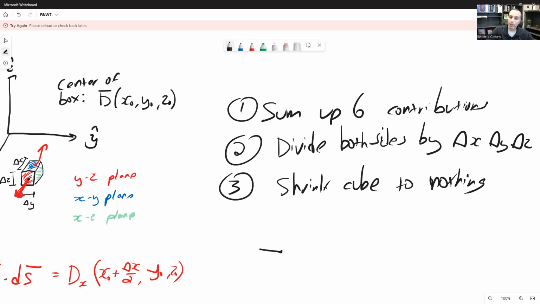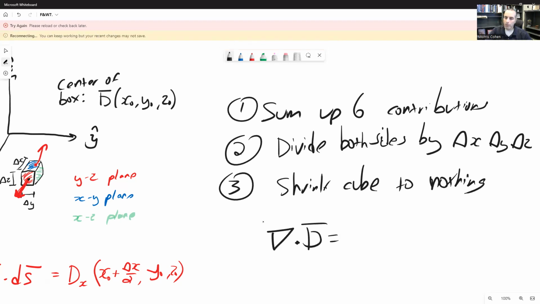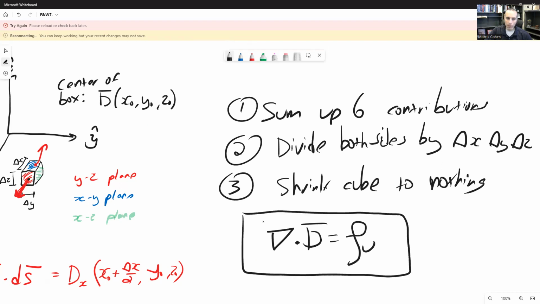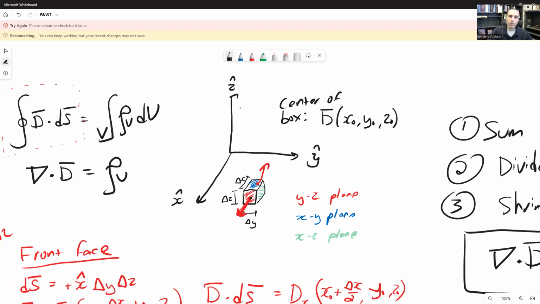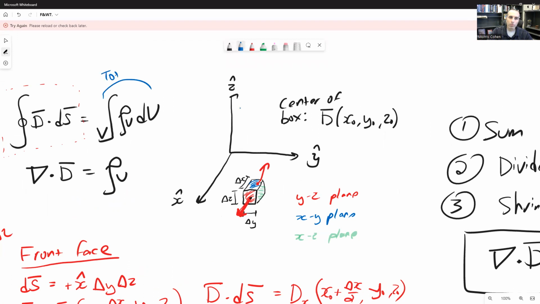Then you'll be left with that the divergence of the D field equals the charge density, right? Remember, the right side of this integral form is the total charge enclosed.